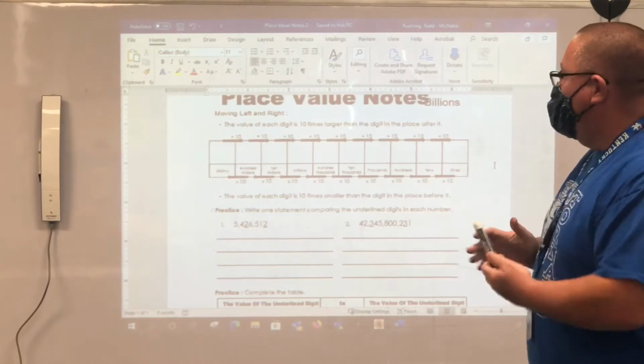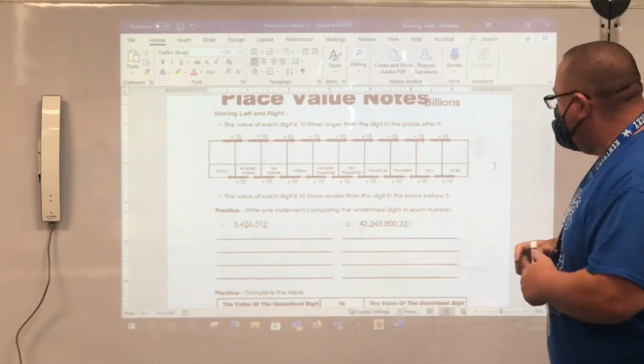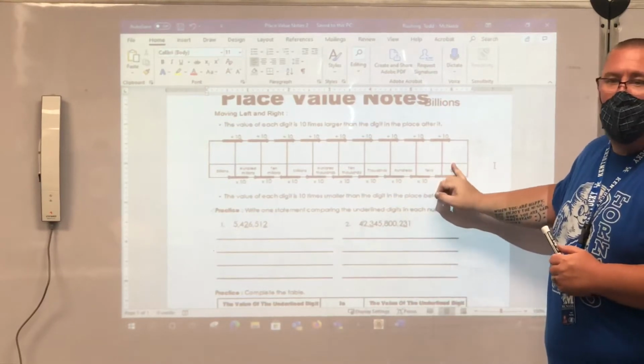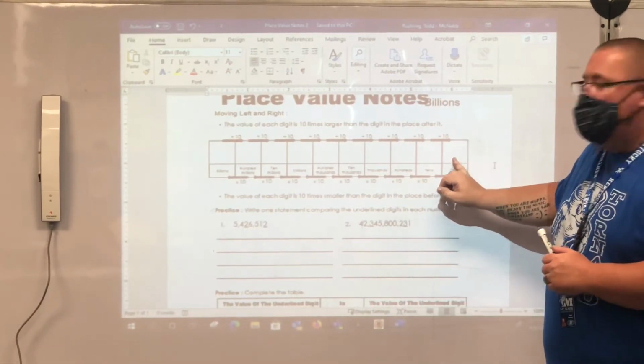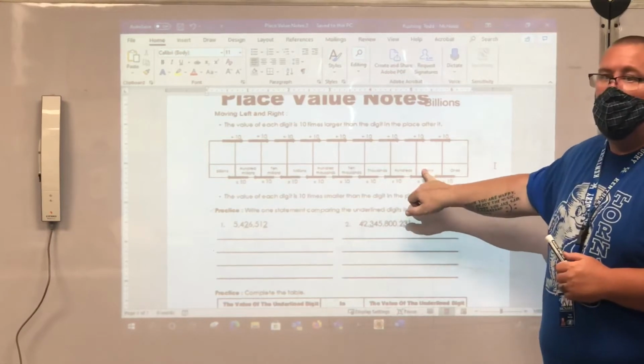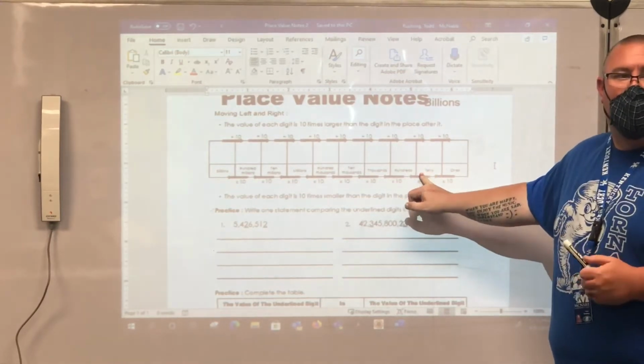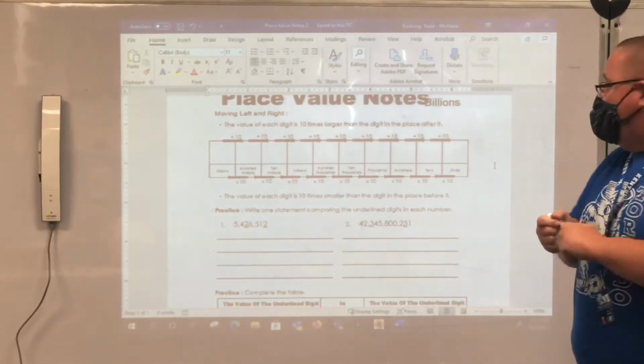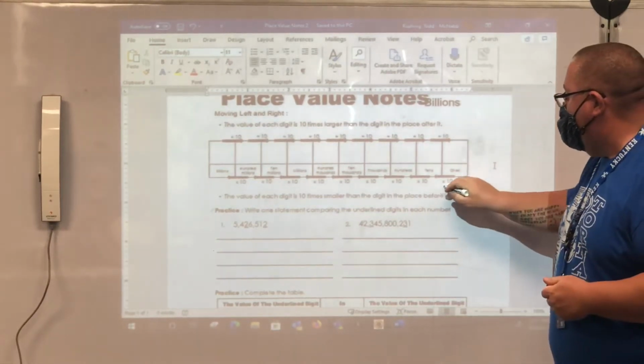What that means is this. If we start in the ones place and then move to the tens place, the tens place is 10 times as big as the ones. If you look at the bottom, you'll see that.